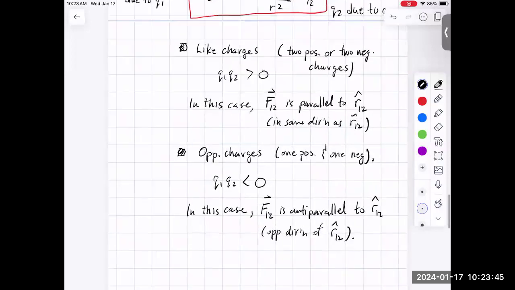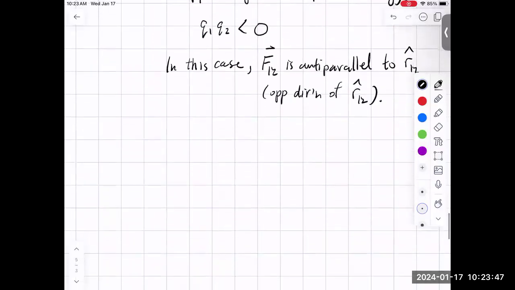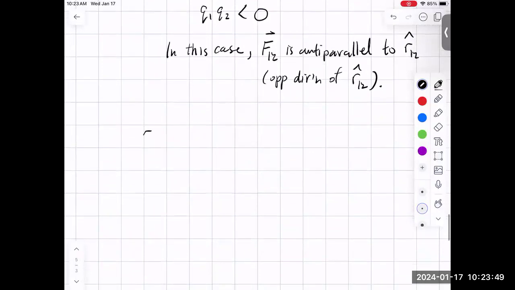Okay, so let's see how this is going to work. So this is section 5.4 in OpenStax University Physics, Volume 2. And so we're going to start talking about the electric field.